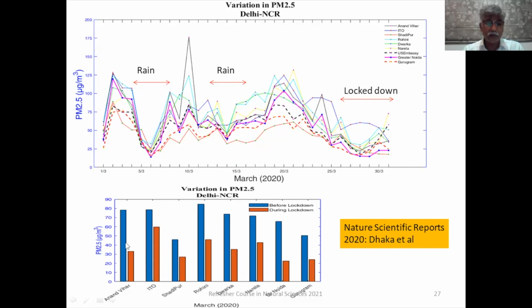At some, there is more than 50% reduction. In some, it may be 70%. But all stations have shown almost 50% reduction, with the range from 30 to 70%. It depends on the location of the station.